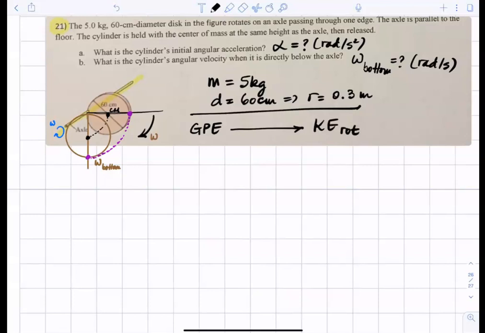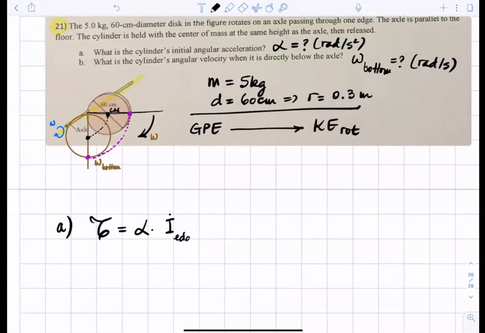So having said that, you have to consider in part A, in order to find what is alpha, well, alpha is part of the torque, because you have a torque happening here, right? So you have your angular acceleration alpha times the moment of inertia. Which inertia are we talking about? It's the inertia compared to the edge.